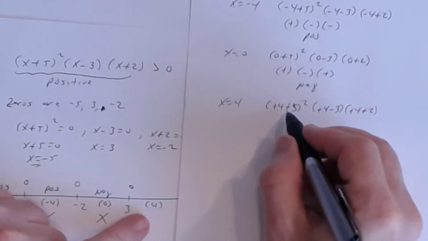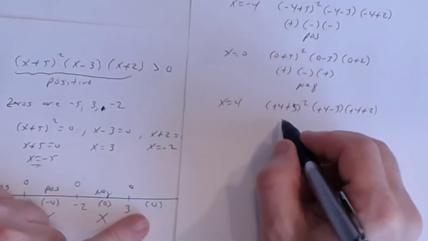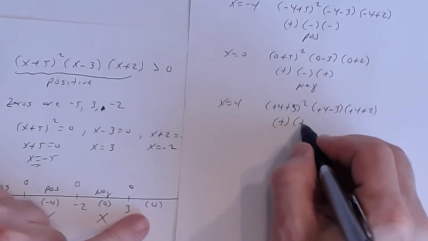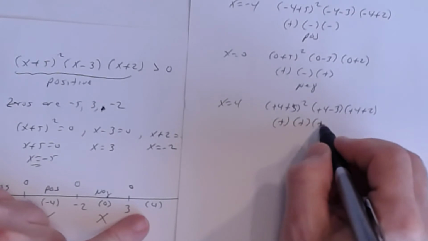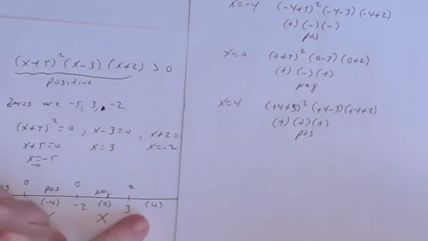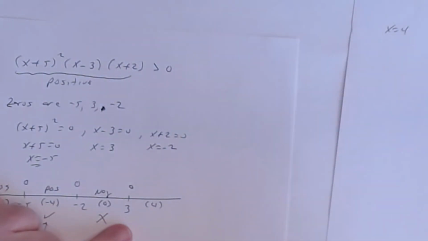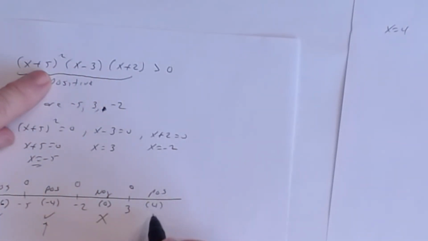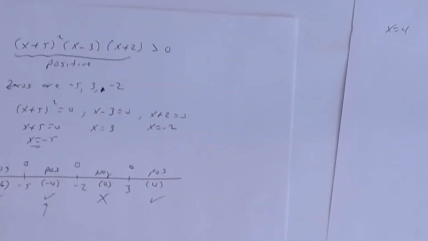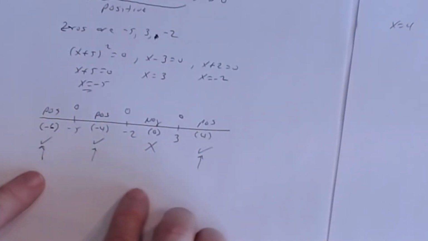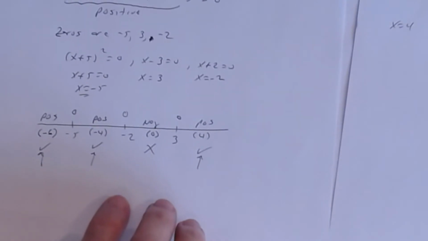So 4 plus 5 is positive. A positive times itself is still positive. 4 minus 3 is positive 1. 4 plus 2 is positive 6. So a positive times a positive times a positive is a positive. So what that means is that any real number that's greater than 3 will make this product positive, which is something I want.